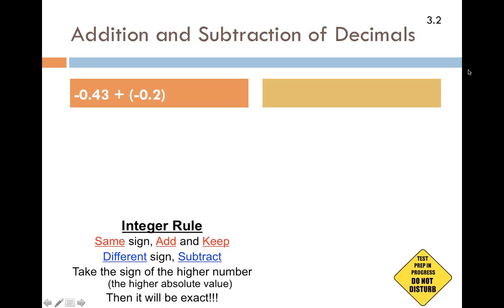So let's look at a problem that's going to involve adding and subtracting of decimals. The problem that you see on my PowerPoint is going to involve negative numbers, or what we call signed numbers. These are not really integers, because integers are positive and negative whole numbers.